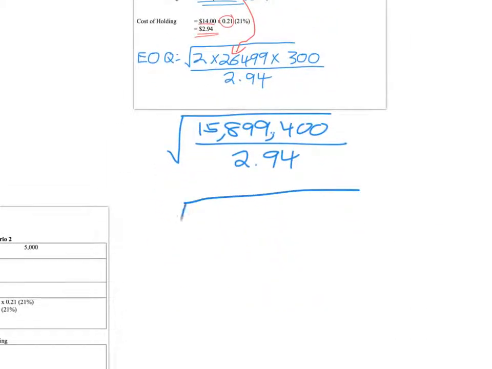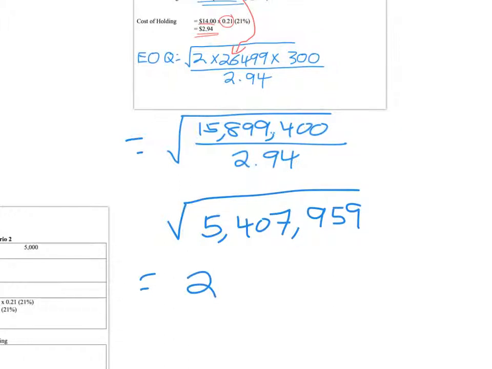Divided by 2.94, that is equal to 5,407,959 and a couple of decimal places. Now let me figure out the square root of that, and the square root is equal to 2,325.5019, and you'll get a bunch of different decimals.